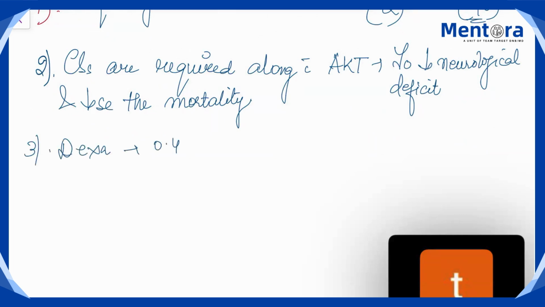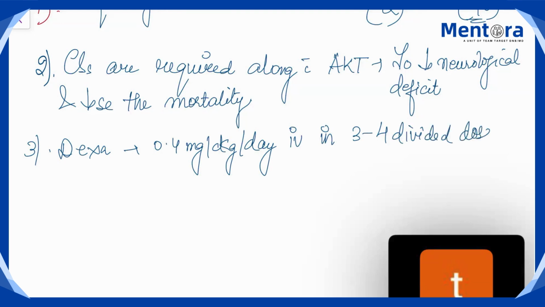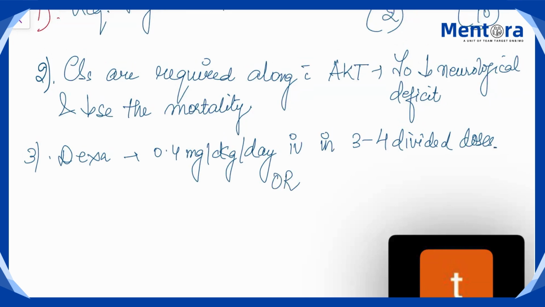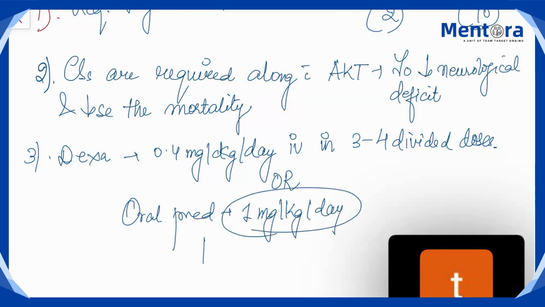Dexamethasone, 0.4 milligram per kg per day IV in 3 to 4 divided doses. Or you can also use oral prednisolone, 1 milligram per kg per day, single morning dose, and taper the dose for a total duration of 6 to 8 weeks.